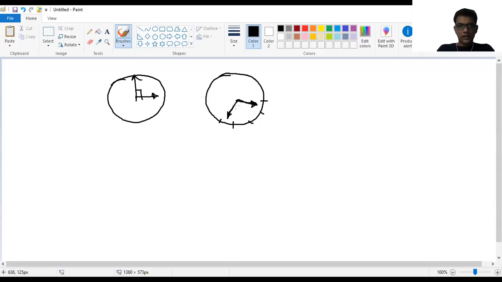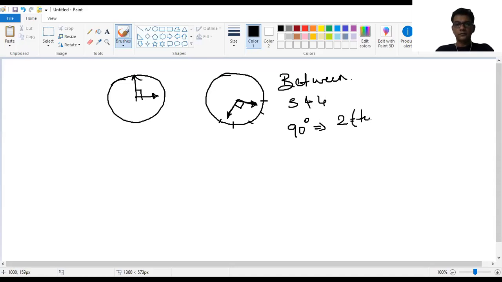Do you realize that there is a time here when the angle again becomes 90 degrees? This figure may not show it as exactly 90, but can you imagine that at 3 o'clock the two hands are at 90, and somewhere around 3:30 the two hands are again at 90 degrees? So while the hour hand is moving between 3 and 4, an angle like 90 degrees happens twice, not once.